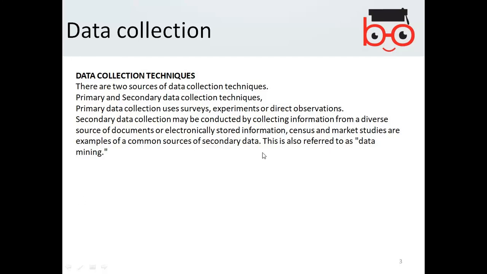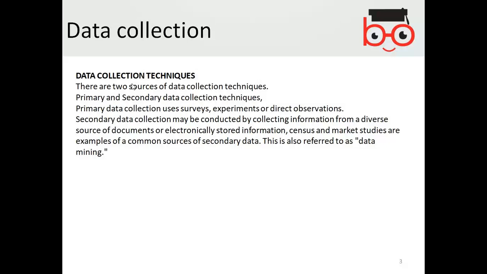Whatever data is already available in the market, whoever is providing it in the form of information or literature, is a kind of secondary data. So, two types of data: primary data and secondary data.